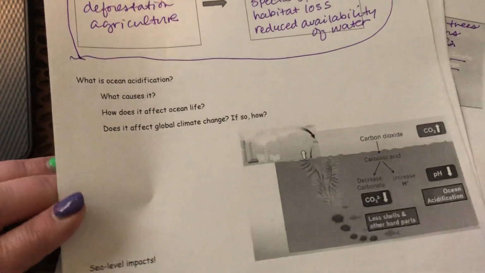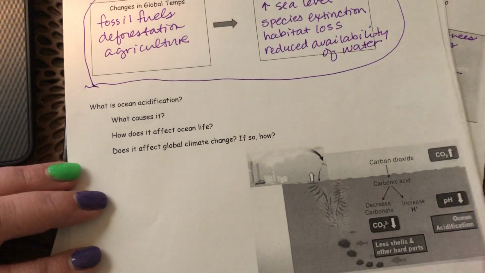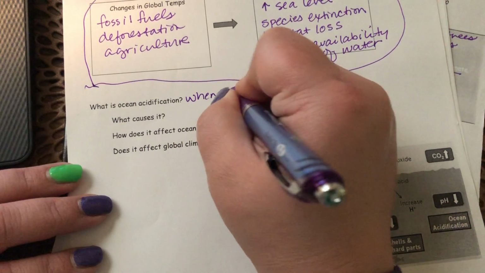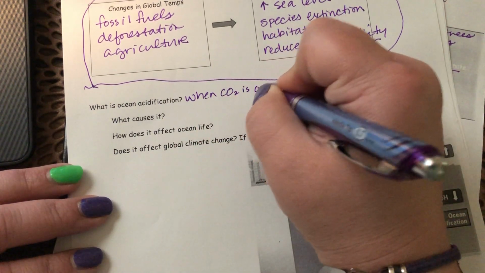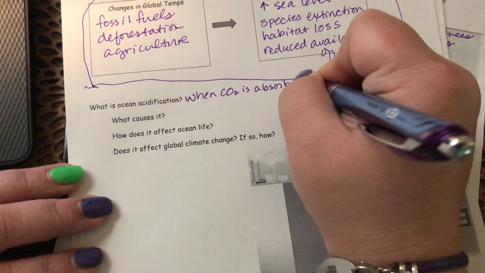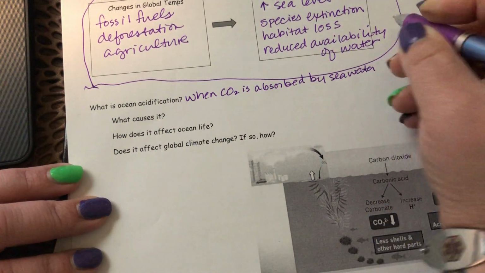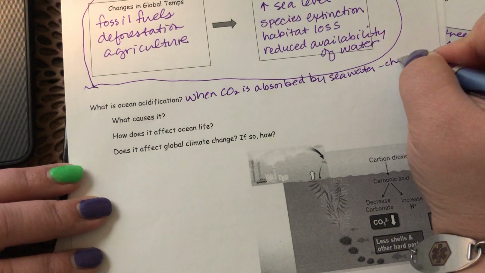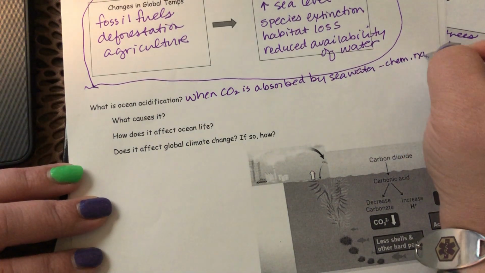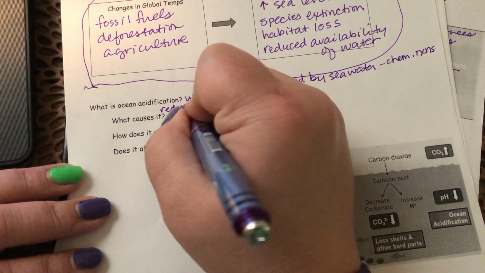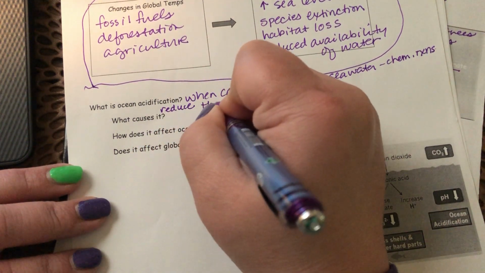All right, so you had a bonus question on the last test about what is ocean acidification, okay? All right, and many of you got it. When CO2 is absorbed by seawater, these chemical reactions happen and they reduce the pH.